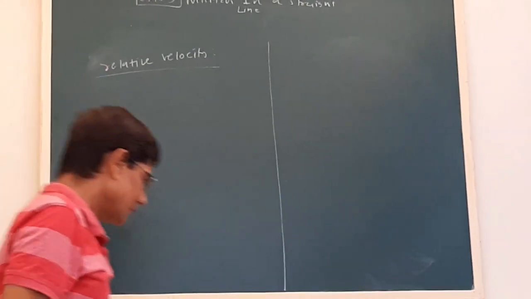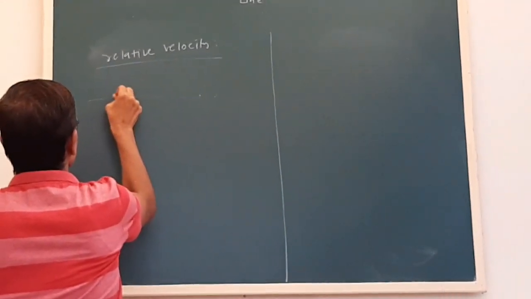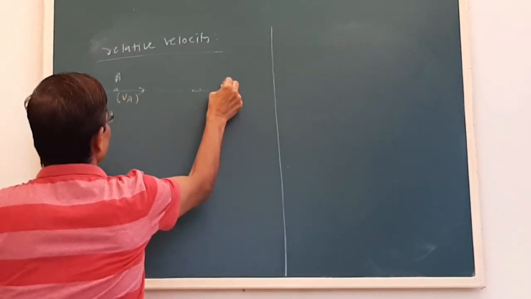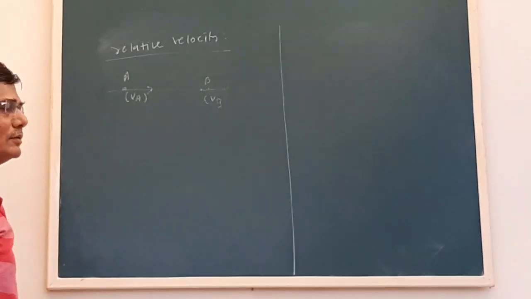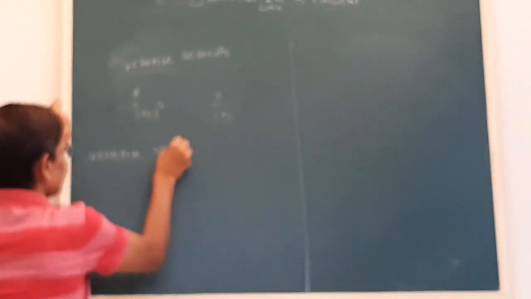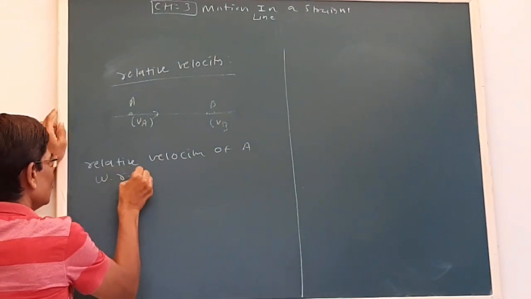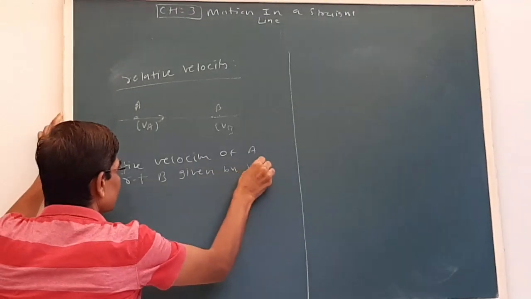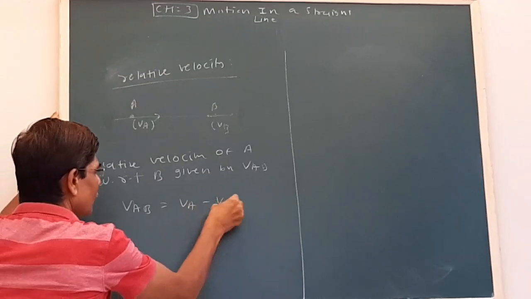Right now we consider a very simple situation. Let us say A moves with the velocity VA and B moves with the velocity VB. The relative velocity of A with respect to B is denoted by VAB, which is VA minus VB.